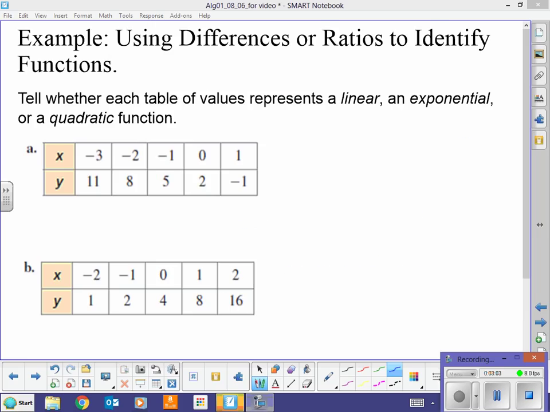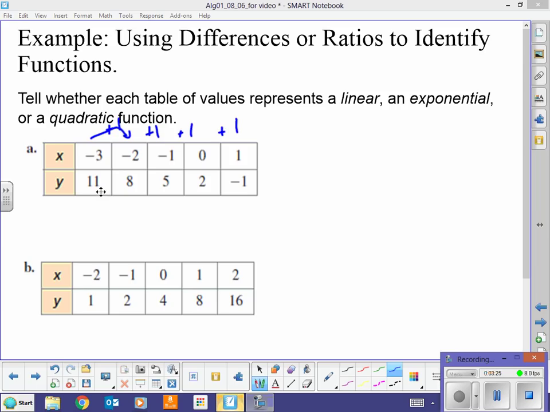Okay, so let's take a look here. Tell whether each of these values represents a linear, exponential, or quadratic function. So what we want to do here is check our x values. We're increasing by 1 each time, it looks like. Plus 1. Okay, so this is good to go.